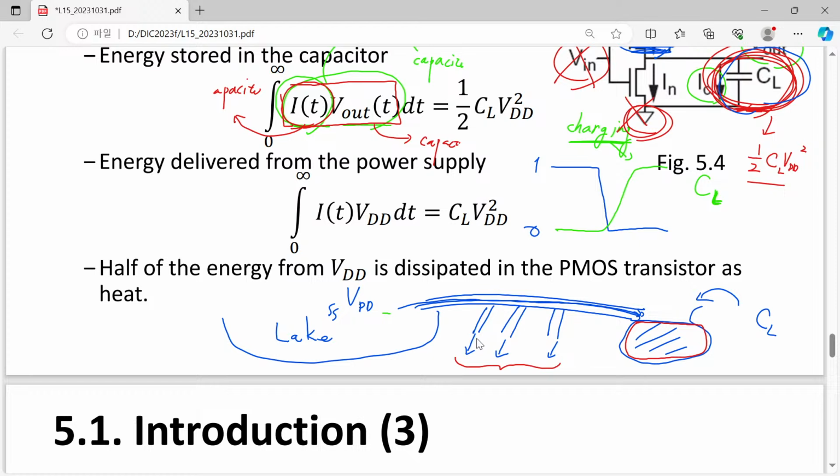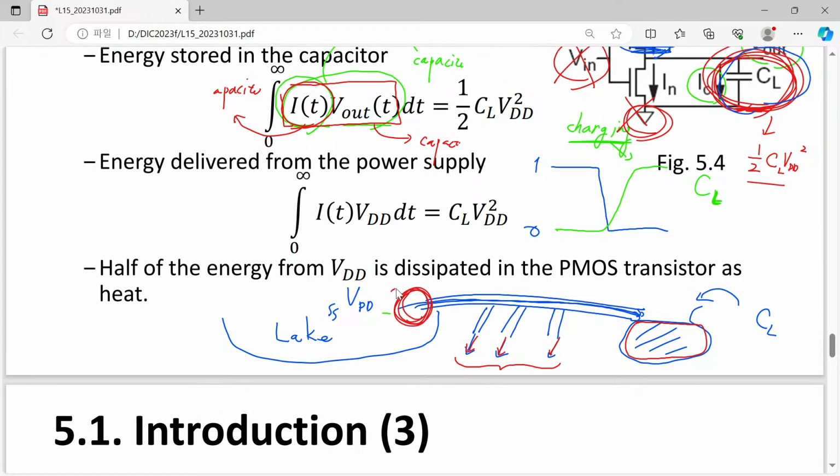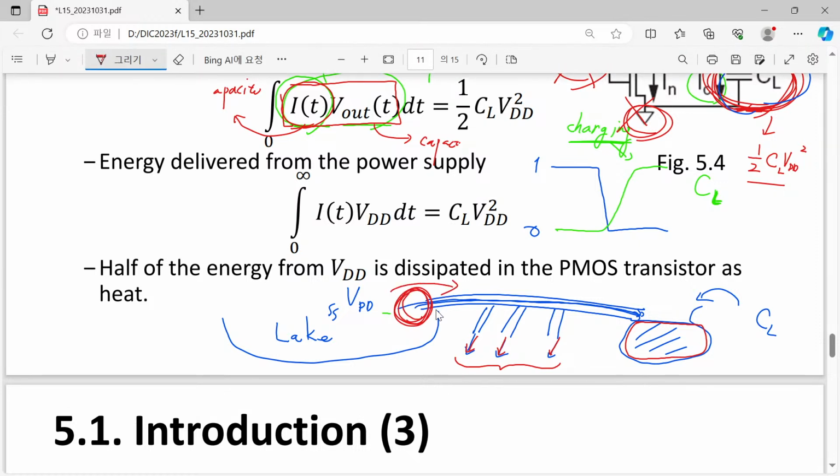How can you calculate this? One way is to collect them all. However, another way is to see how much water is spent at this position, and also measure how much water is collected in this case, then we can think about the loss.